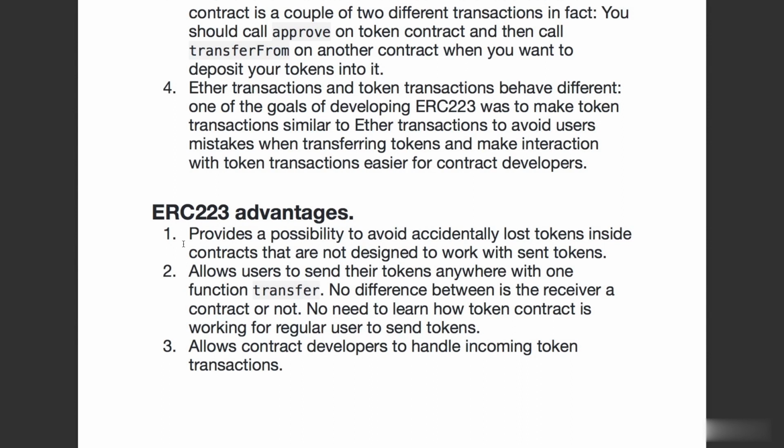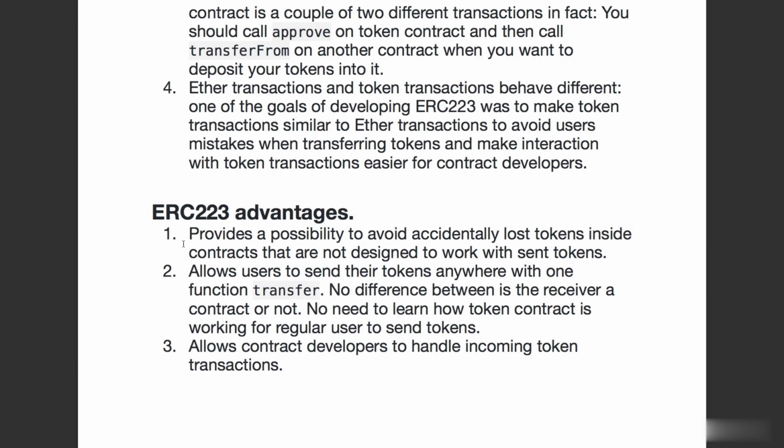Finally, what are the ERC-223 advantages? It provides a possibility to avoid accidental token loss inside contracts that are not designed to work with the sent tokens. ERC-223 allows users to send their tokens anywhere with one function, and that function is transfer.